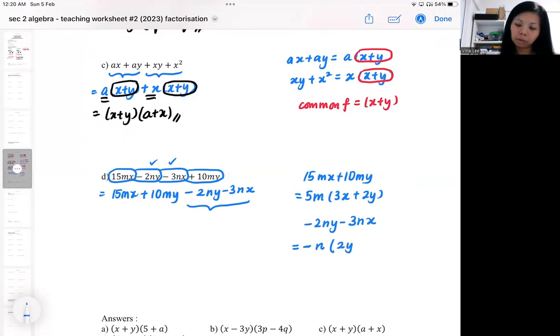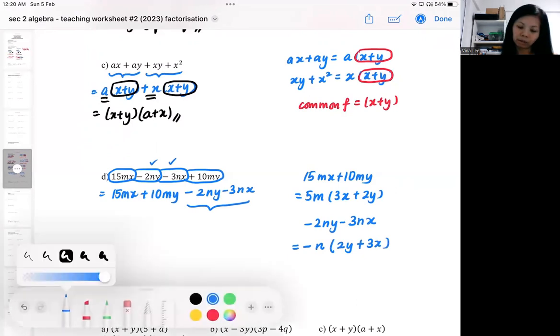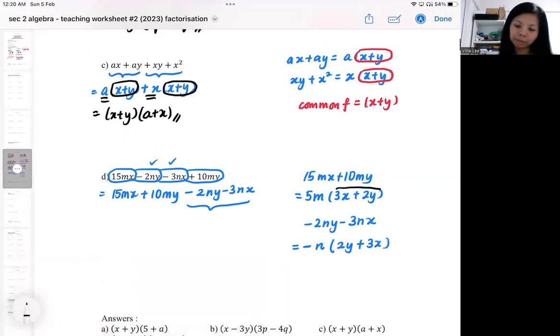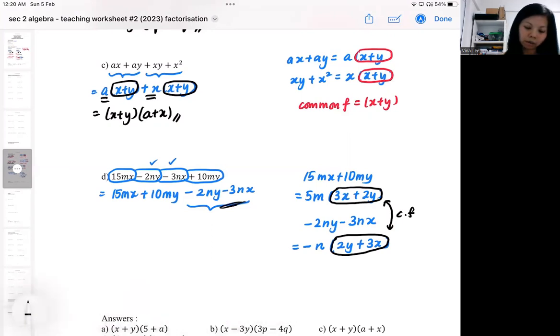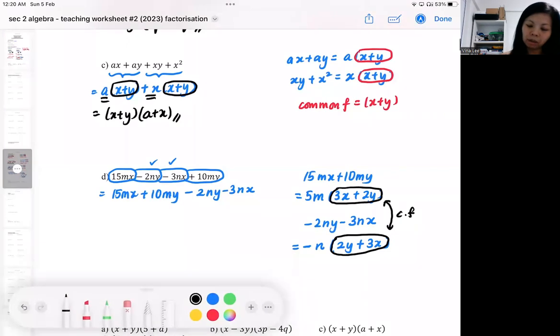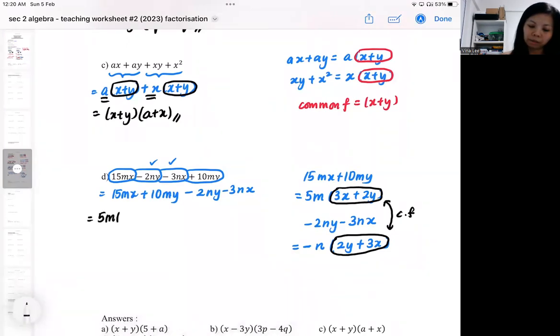So I will get 2y plus 3x. So 2y plus 3x and 3x plus 2y, are they the same? It's like apple plus orange, orange plus apple. So they are the same. So that will be my common factor. In this case, you need to do some reshuffling first before you can see the common factor.